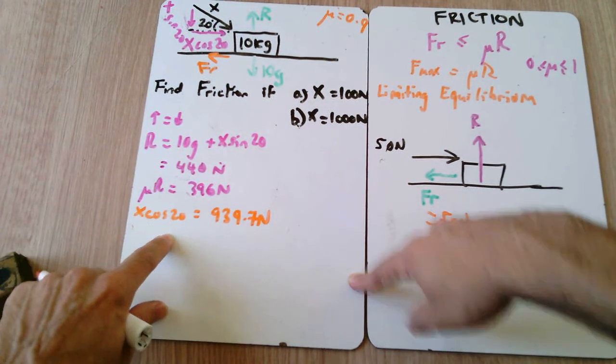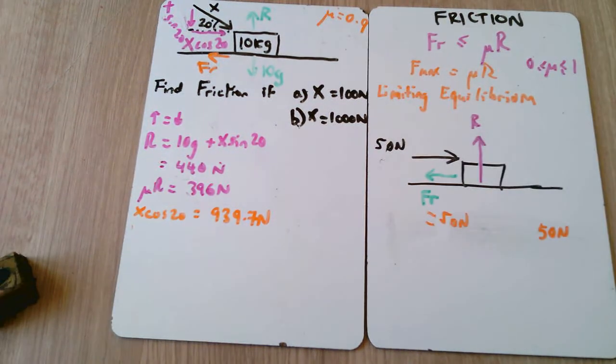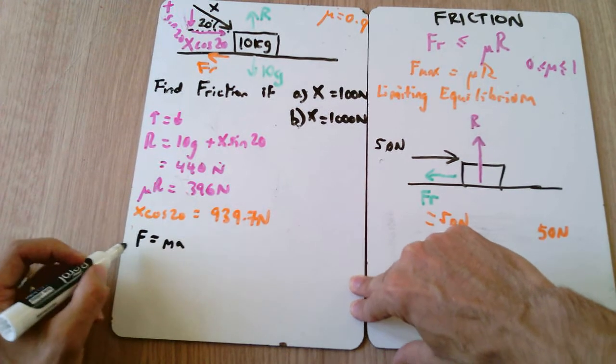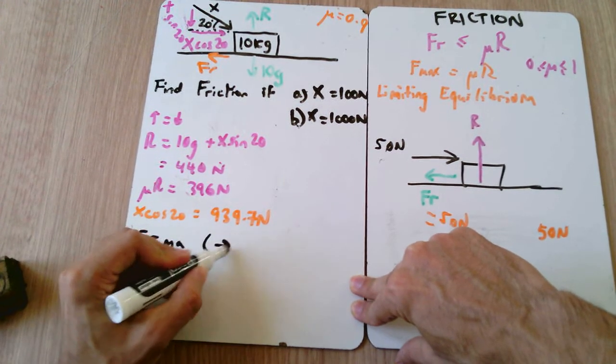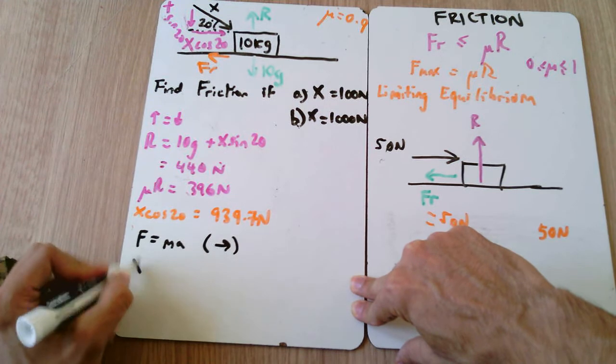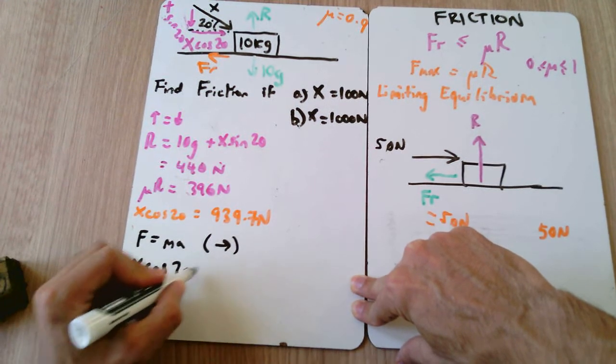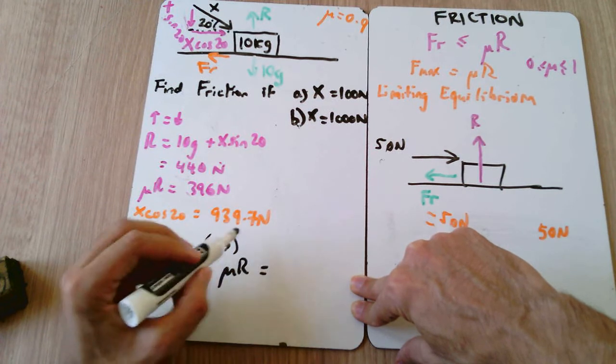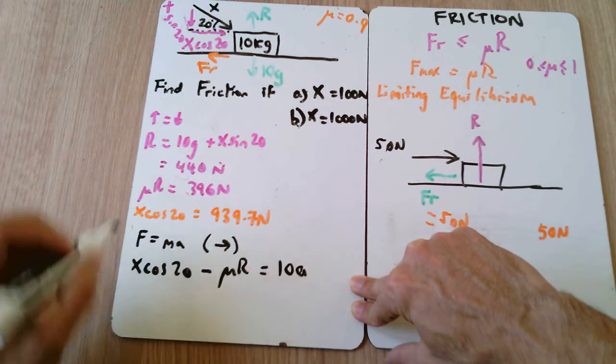That means friction is equal to 396, and it means that this particle is going to accelerate to the right hand side. So we can actually work out that acceleration using F equals ma. If we apply F equals ma to the right, x cos 20 is my positive force minus mu R is my negative force is equal to 10 times by A.